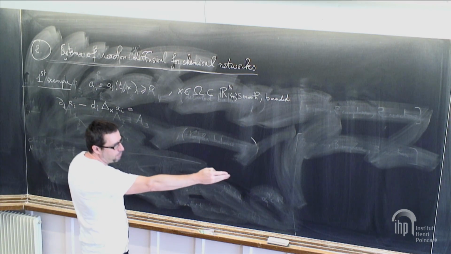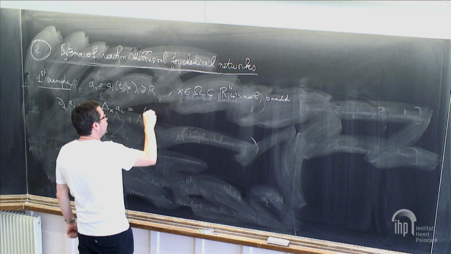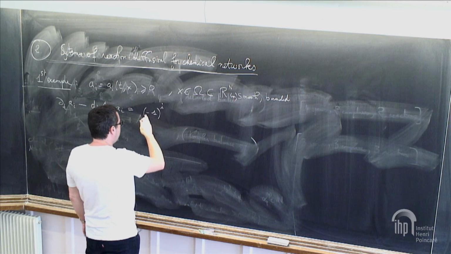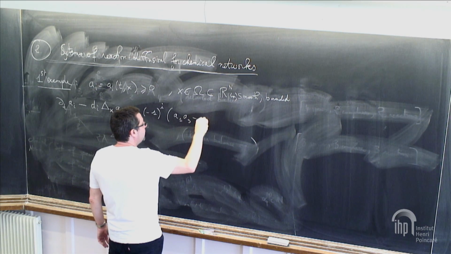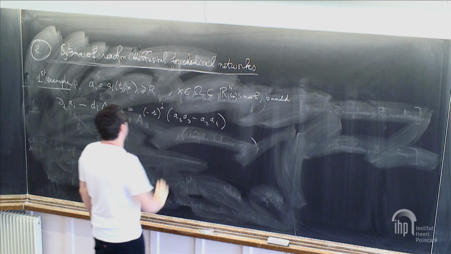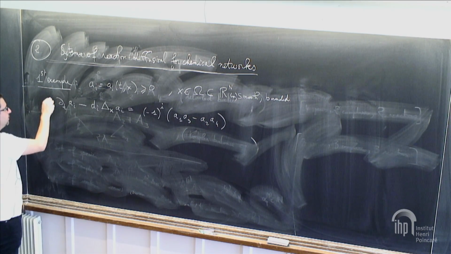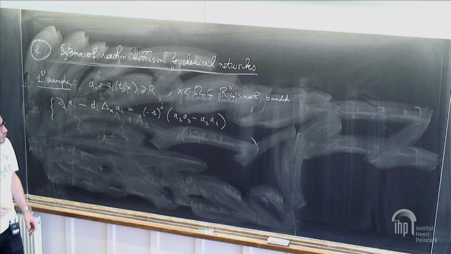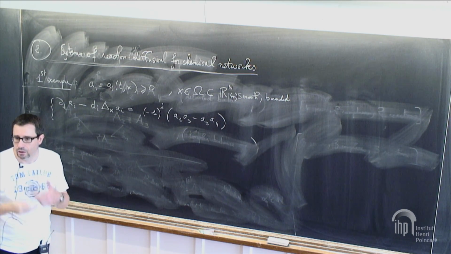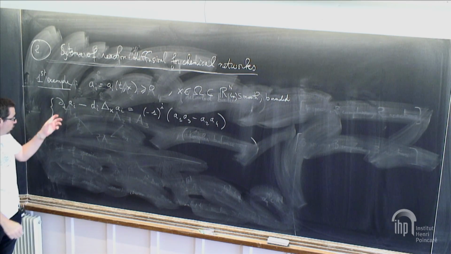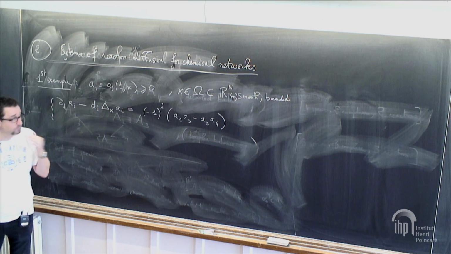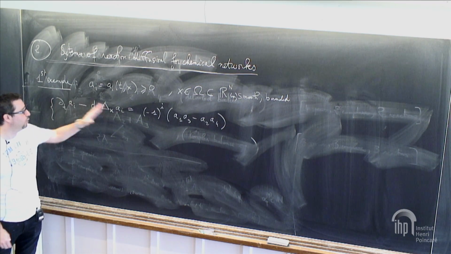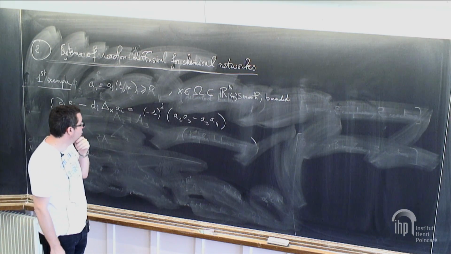And I will keep the reaction term (-1)^i times (A1 A3 - A2 A4). Okay? And since I have considered a bounded domain, I will add a boundary condition which is coherent with the heat equation part of the reaction diffusion equation.